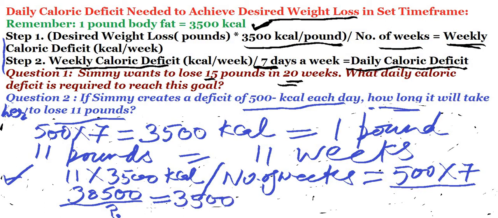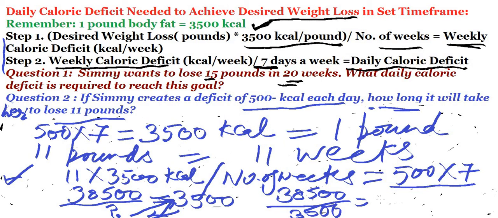In the next step, this question mark, the number of weeks, will go here, and this figure of 3500 will come on this side: 38,500 divided by 3,500 is equal to number of weeks.